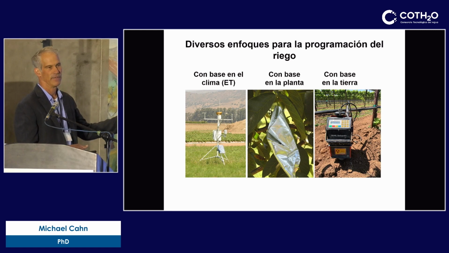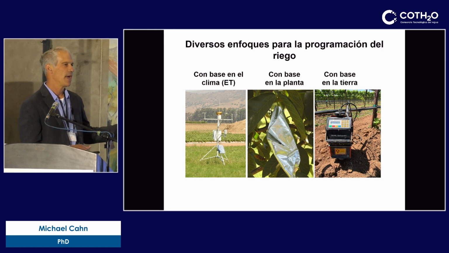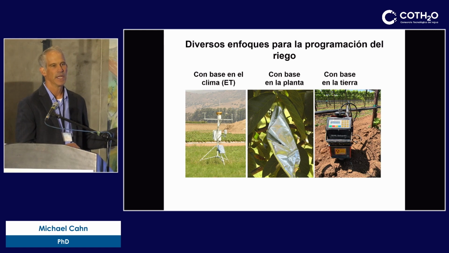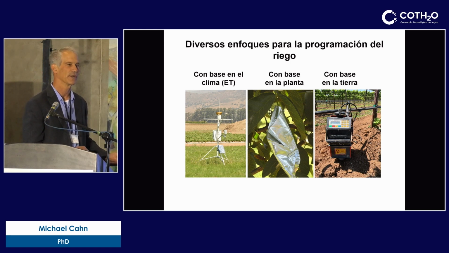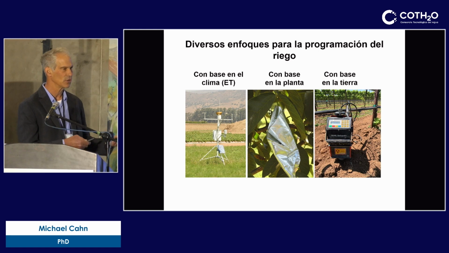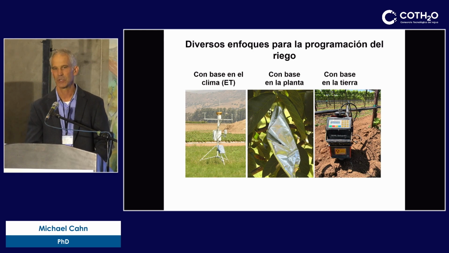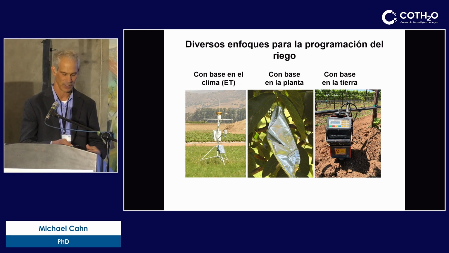The ET-based, evapotranspiration-based method, using weather data, can be applied pretty inexpensively to many different blocks, many different fields. And one of its strengths is it really helps you decide how much water or how long to irrigate. So it is good to have a method that tells you when to irrigate, and also use another method that helps you figure out exactly how long to irrigate.